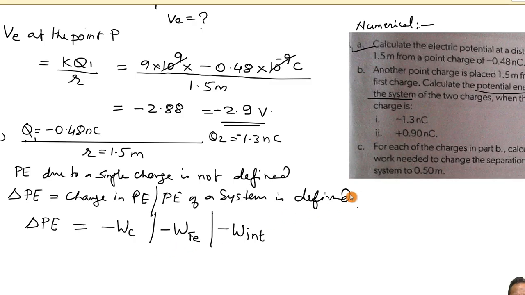So now they have asked you to calculate the potential energy of the system, so we are going to find the potential energy of this system. Is that clear? Now how are we going to find the potential energy of this system? Let us see how to deal with this question.